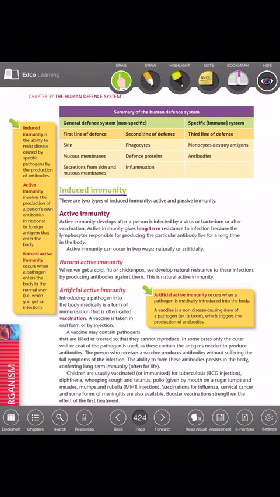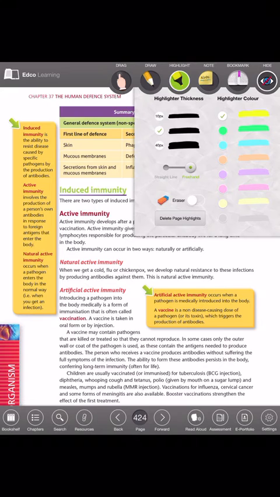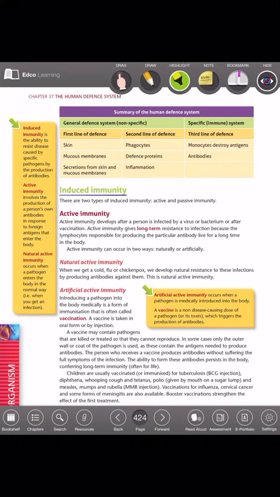Okay. So this table here sums it up pretty well. So you have your first line of defense. I'll just change the highlighter color here. So you have your first line of defense, which is considered to be like the skin, your mucous membranes, secretions from the skin, and the mucous membranes. Okay, so those are all things that we came across in our previous lesson. Your second line of defense includes phagocytes, defense proteins, and inflammation. Okay, so those are all part of the general defense system.